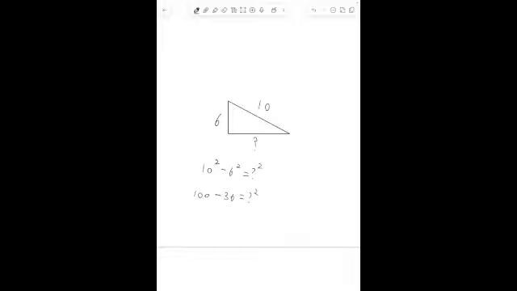Now, as we all know, 100 minus 36 is 64, and the square root of 64 is 8. So that's our answer. This leg is 8 units long.